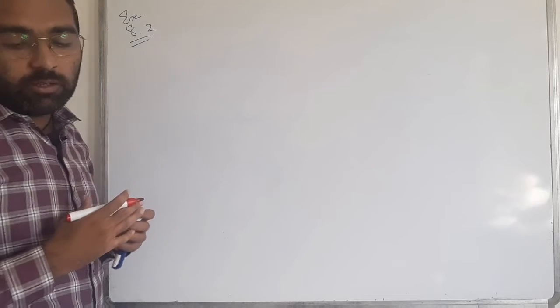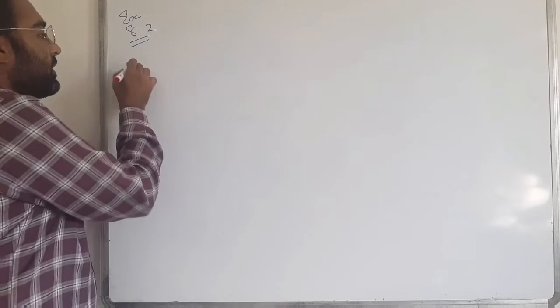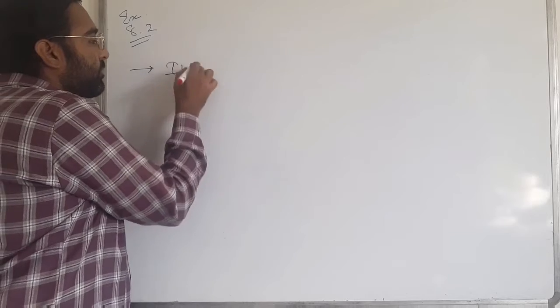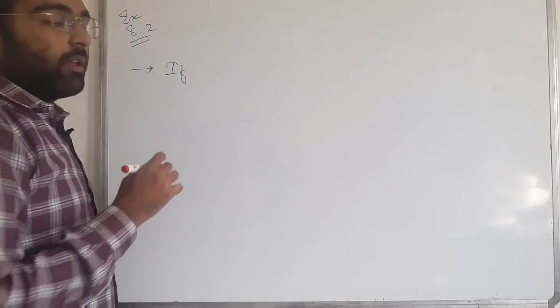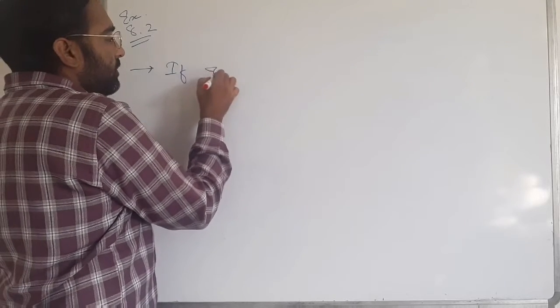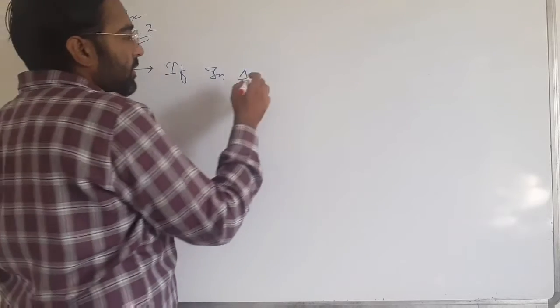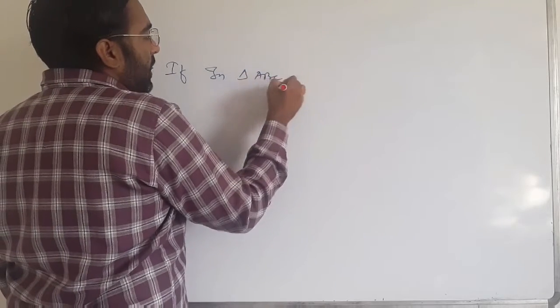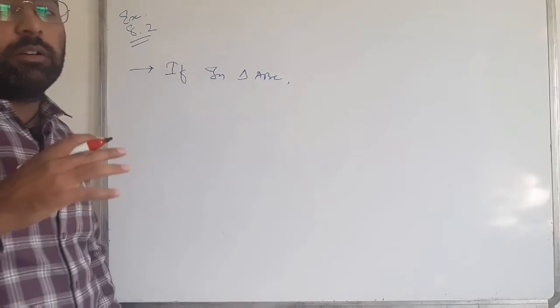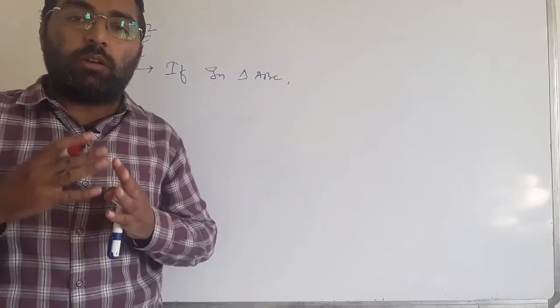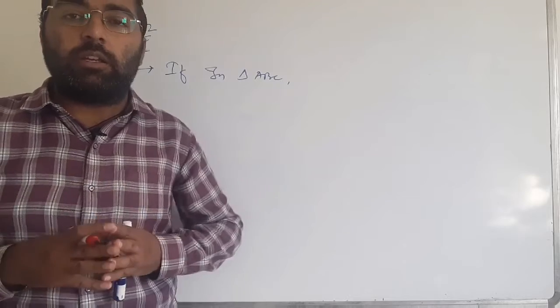So for exercise 8.2, we have to write the theorem, our first theorem, that is: if in triangle ABC. In a theorem there is usually no mention of the name of the triangle or anything.